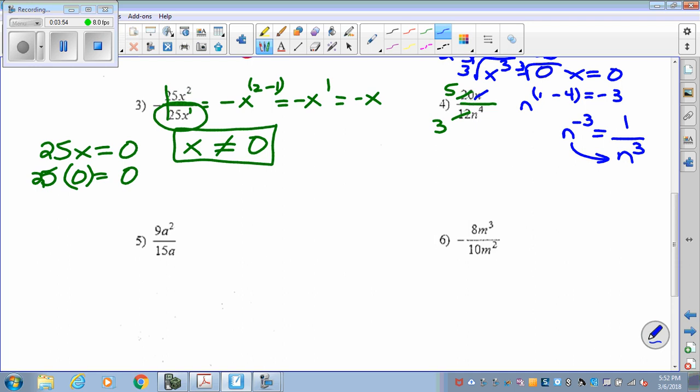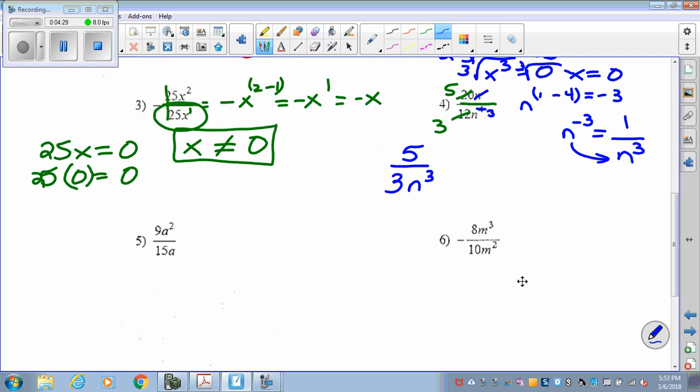So instead of 4 on the bottom, I have 3 on the bottom. 1 minus 4 is negative 3, and to make that positive, I have that 3 in the denominator. So my final answer would be 5 in the numerator, and in my denominator, I have 3 n to the third power, because there were 4 n's multiplied together, and one of them divided out with the top.